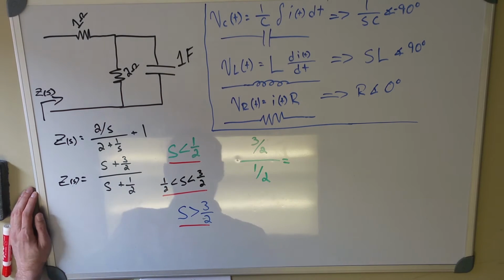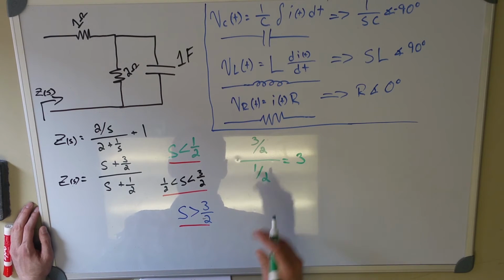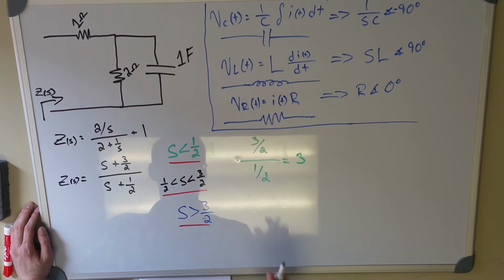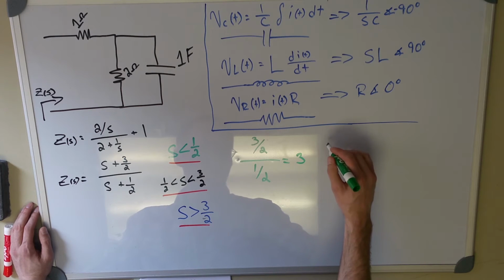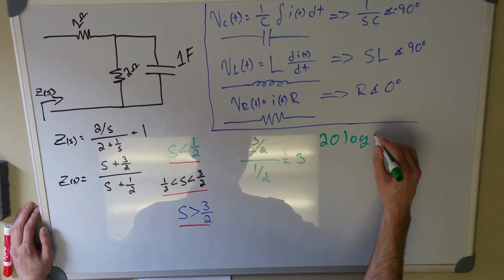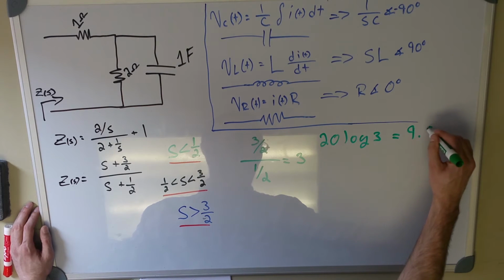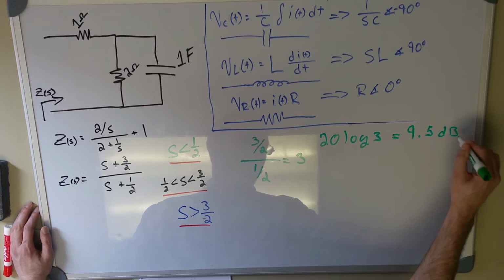And looking at it like that, we can say break frequency of 3. Then converting that into decibels, say 20 log of 3, will give us 9.5 decibels.